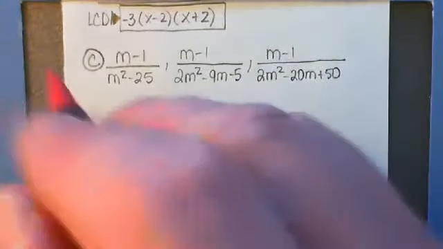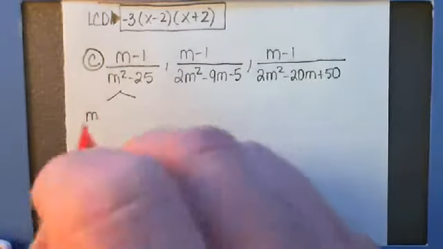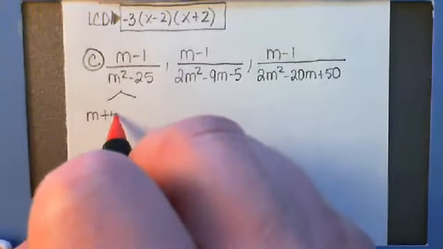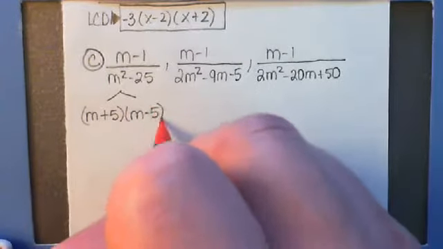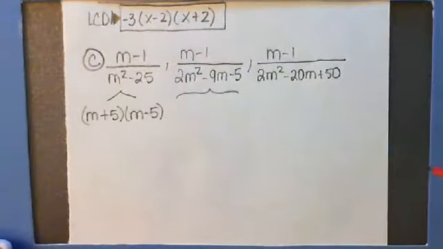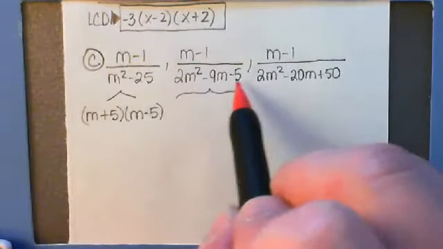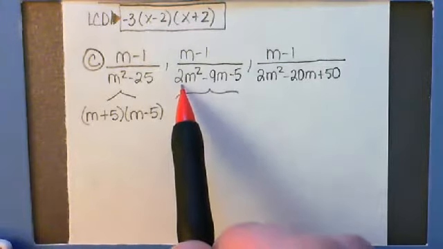Alright, so first of all, let's factor. We know that this is a special factor, so this would be m plus 5, m minus 5. This over here, I asked myself, can I factor anything from all three? No, I cannot. Can I use special factors?